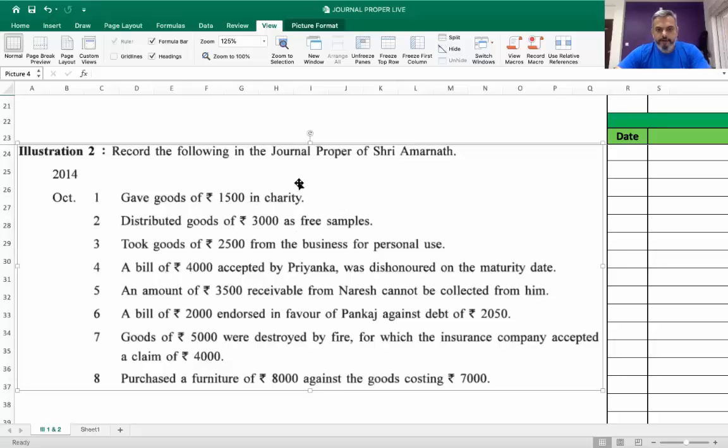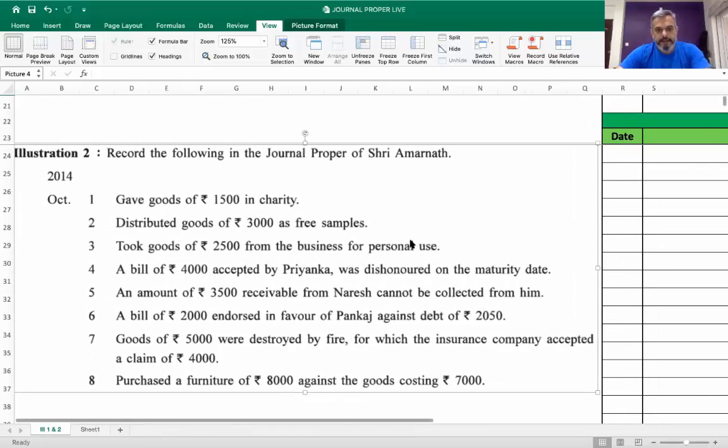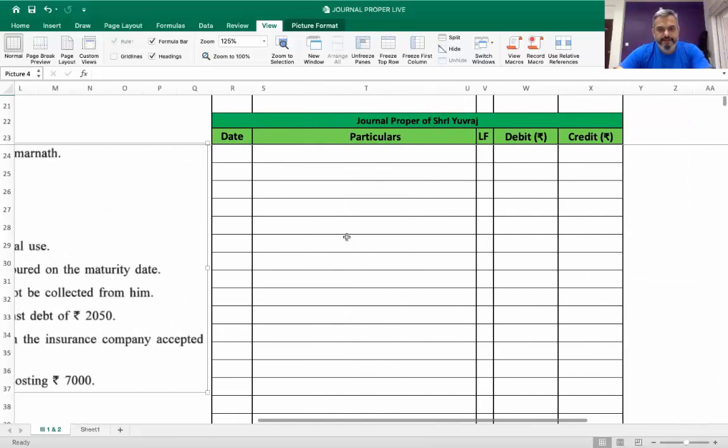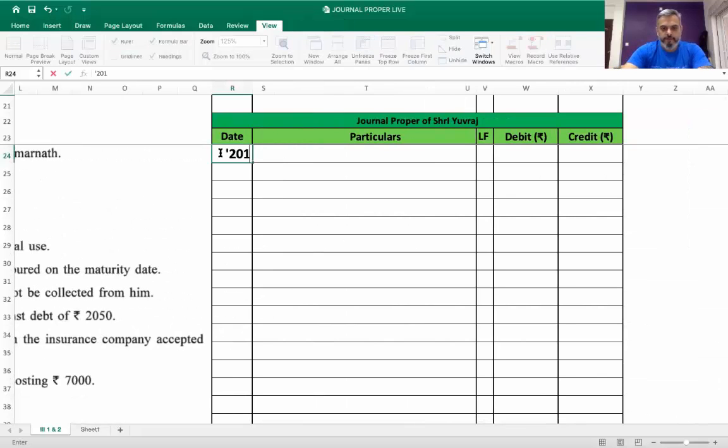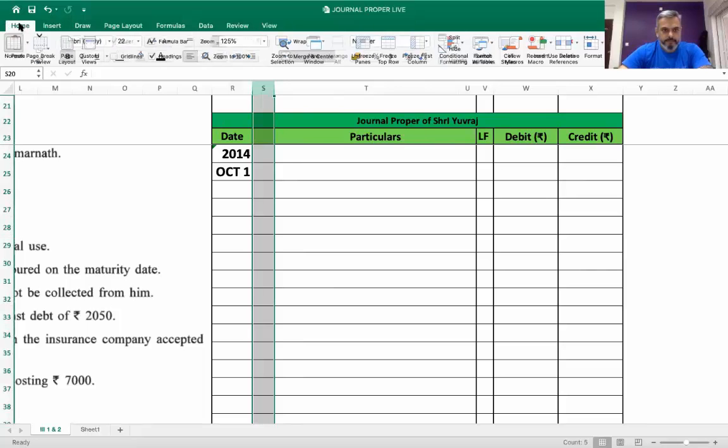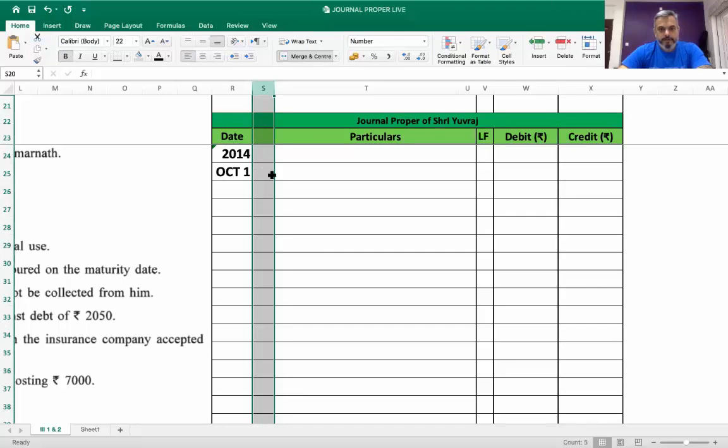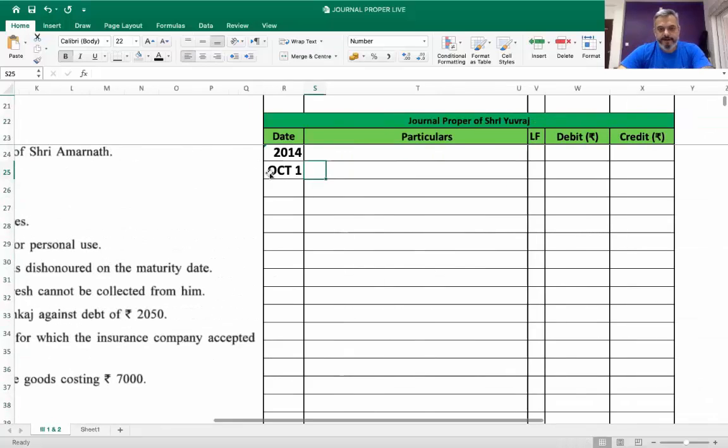Illustration 2. Record the following in journal proper of Sri Amarnath. Now, this chapter, journal proper, is also a revision of journal entry, because here we are going to do journal entry only. Now, 2014 October 1, gave goods of rupees 1,500 in charity.